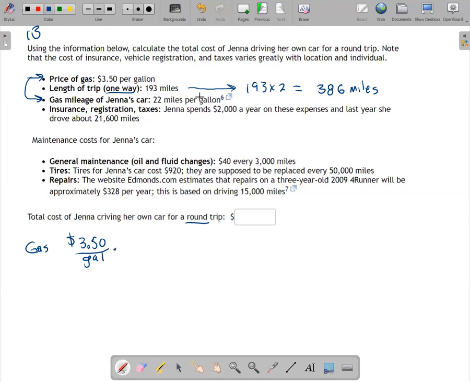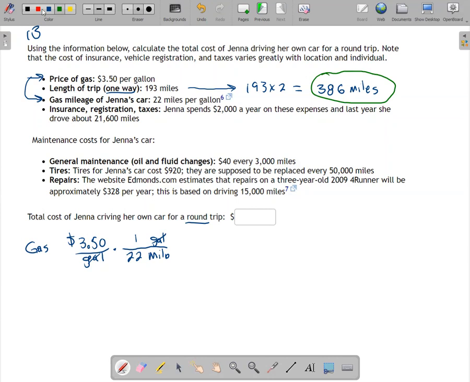So I need to rewrite that as gallons per mile, so I can get the gallons to cancel out, and the 22 goes with the miles, and the 1 goes with a gallon. So this is going to give me a cost per mile for her gas, right? When I clean that up. And eventually, we're going to multiply that by the number of miles.